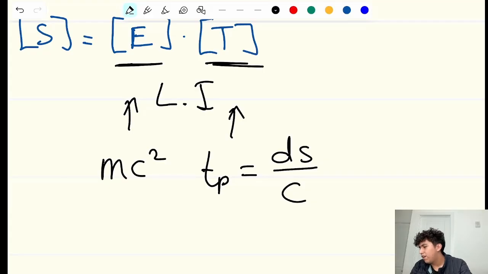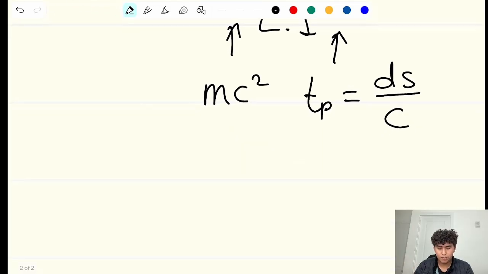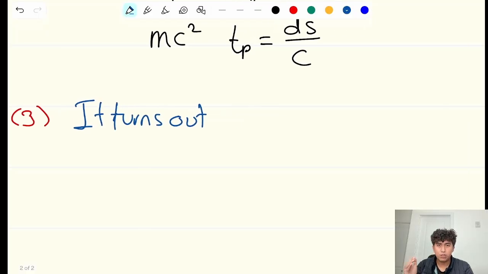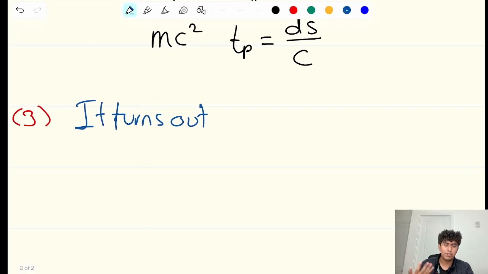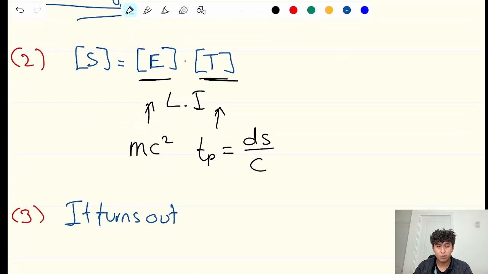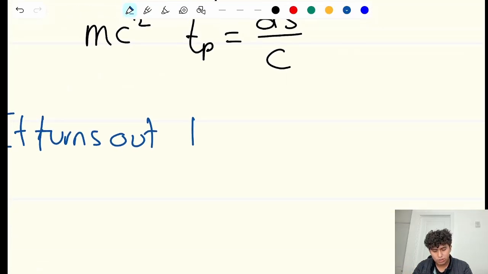Cool. Okay. So there could still be a unitless factor, and it turns out that there is a minus sign in front. Right now what we're doing is imposing conditions on how we think the action is going to look, depending on units and the things we know from special relativity. It turns out there's a minus sign, and we're going to show why the minus sign appears later.